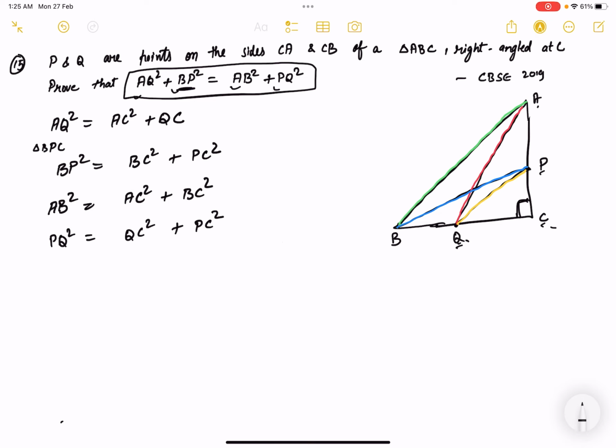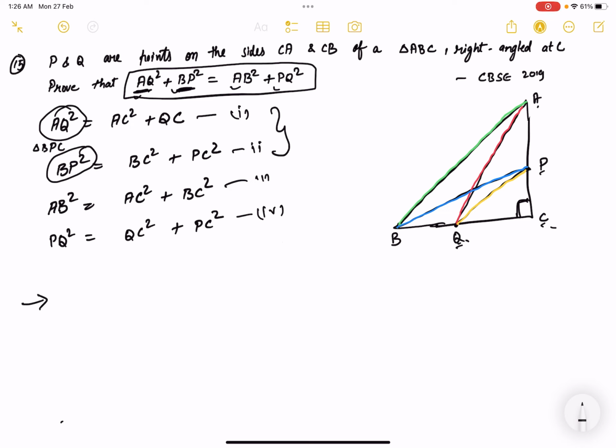So this is equation 1, this is equation 2, this is 3, and this is 4. AQ square and BP square are in equations 1 and 2, so we are going to add these two equations.